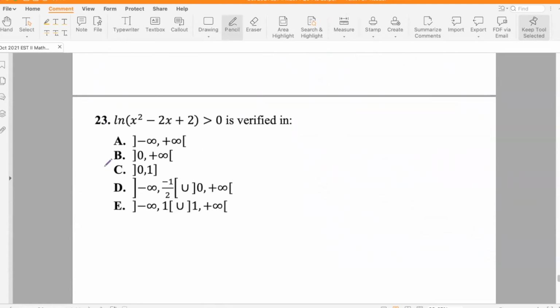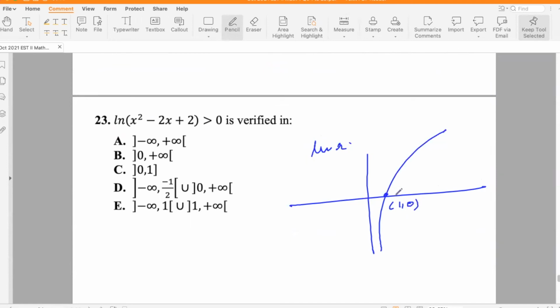ln of x squared minus 2x plus 2 should be positive, is verified in... Okay, so you have to find the domain of this. So what are the possible values of x? If I do ln x, ln x will look something like this, where this point is (1, 0). So for this function to be positive, the argument should be greater than 1.